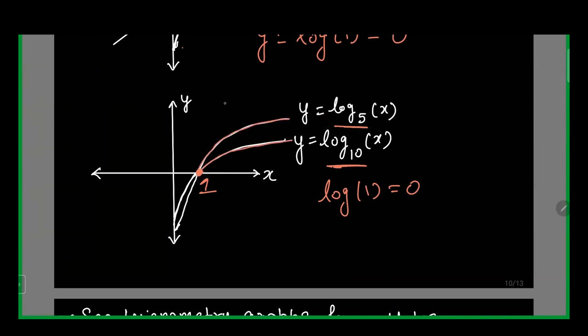So always remember, if the base is less, growth will be a little faster. So base 5 will have fast growth and base 10 will have the slow growth. That is why I plotted the two graphs like this. Okay, so this was all about log graphs. Similar graphs will be seen in the exponential.